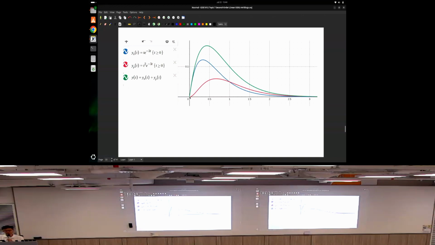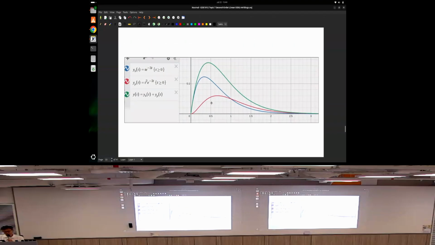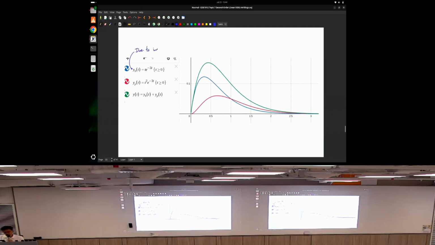Isn't that correct? Let me write. This guy is entirely due to initial velocity. There is no initial displacement. So the initial velocity is 1 meters per second and 0 initial displacement.